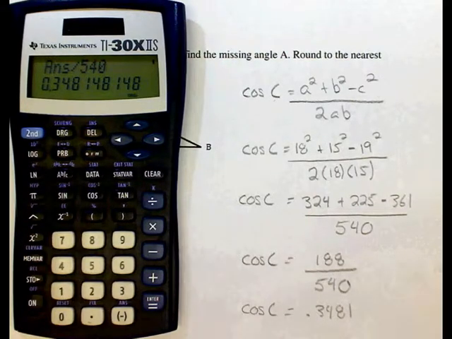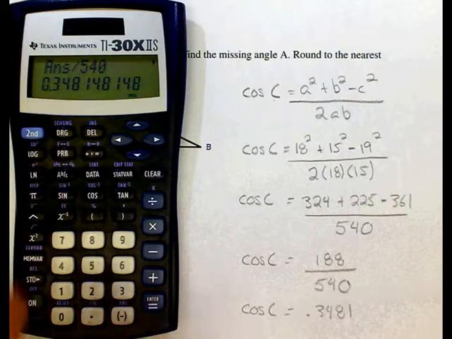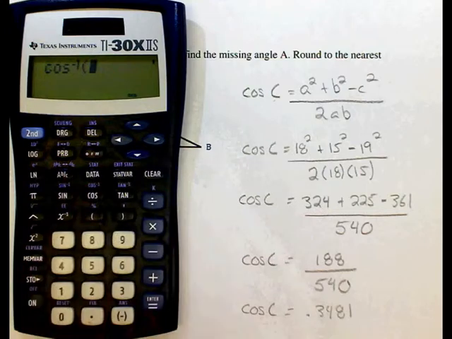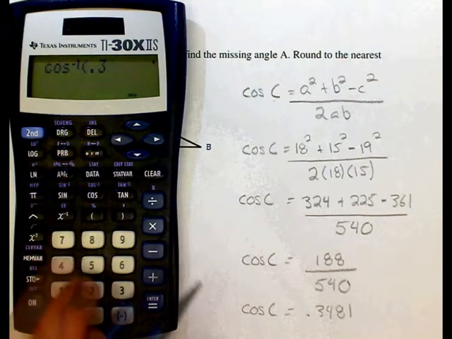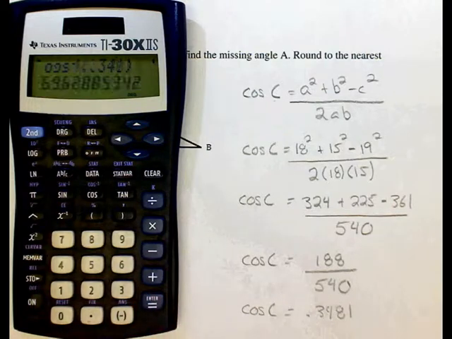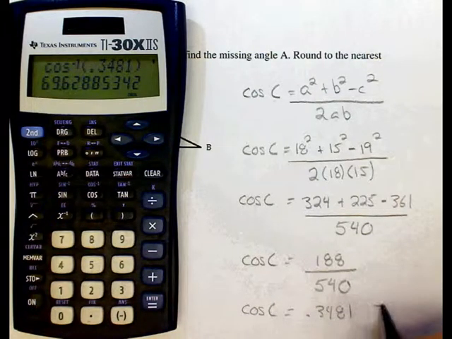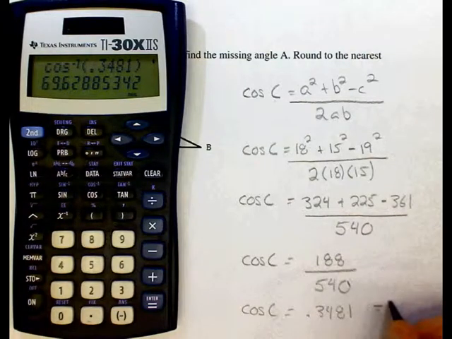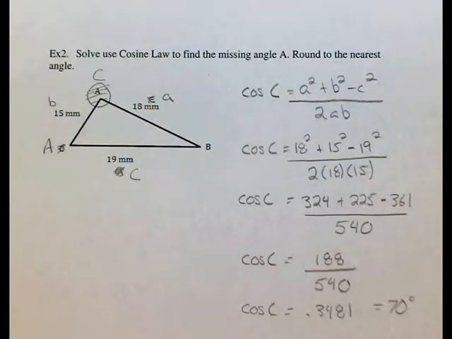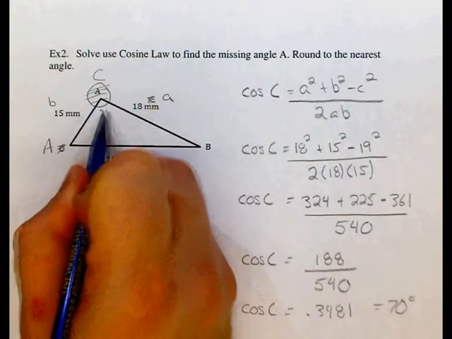Now to solve for C, I have to do the inverse cos. So I'll clear my calculator. Inverse cos, 0.3481, close the bracket. My angle becomes 69.6, so it becomes 70 degrees. So angle C is 70 degrees.